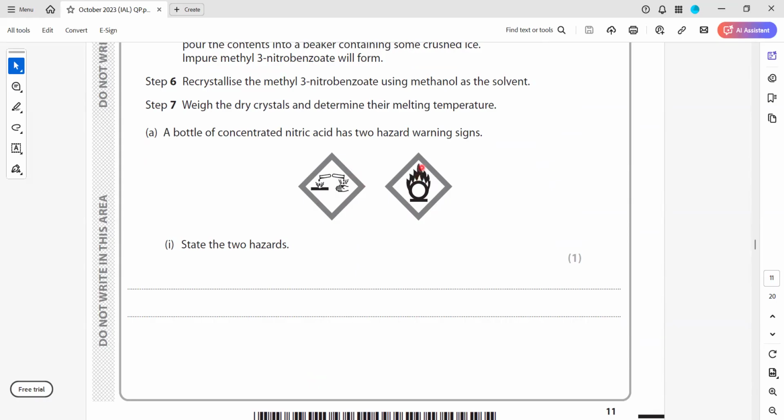Oxidizing substance, yes, it can easily oxidize or can catch fire. And the second is corrosive, when this symbol is for corrosive and this is oxidizing. If it was specifically flammable, then O will not be there. Only the fire will be there, but not O.